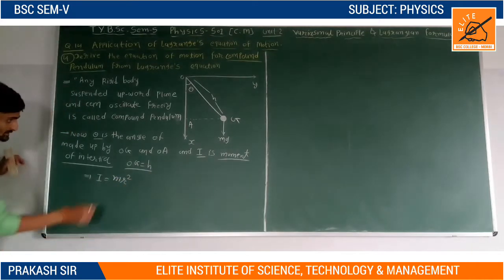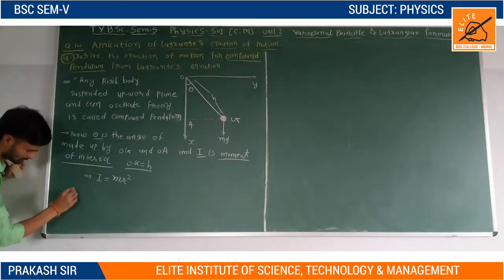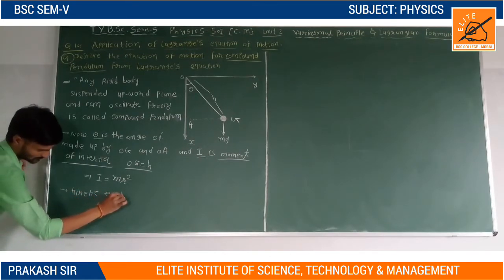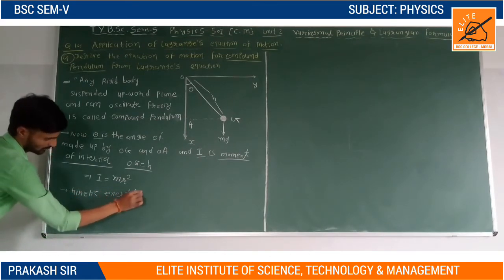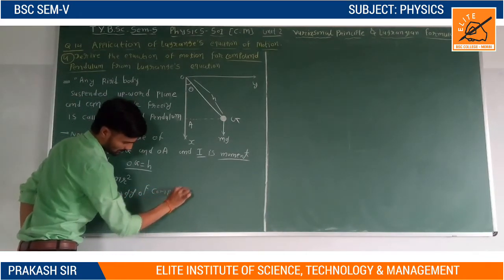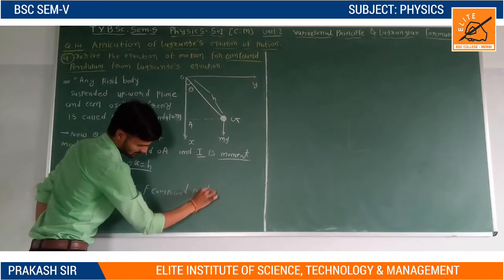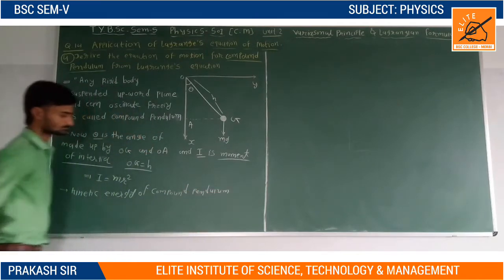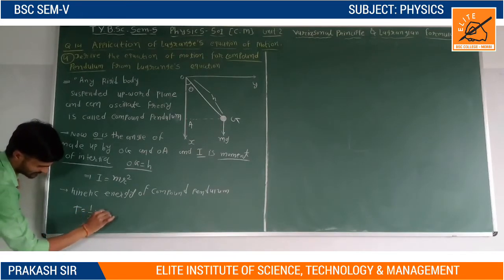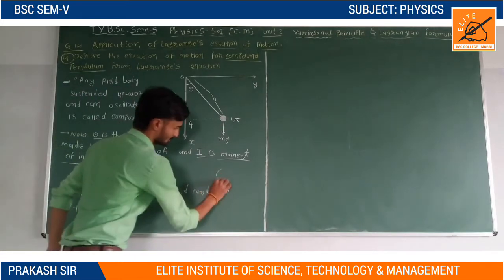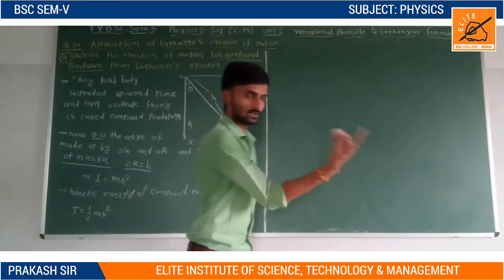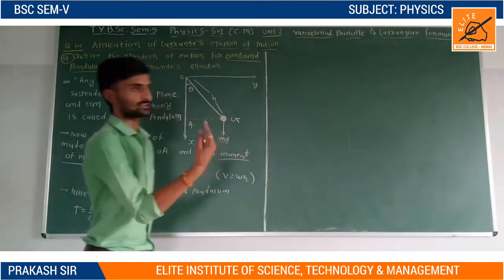Now take the kinetic energy of the compound pendulum. Kinetic energy of the compound pendulum is equal to 1 by 2 m v square. But v is omega r, because a compound pendulum has rotational motion.